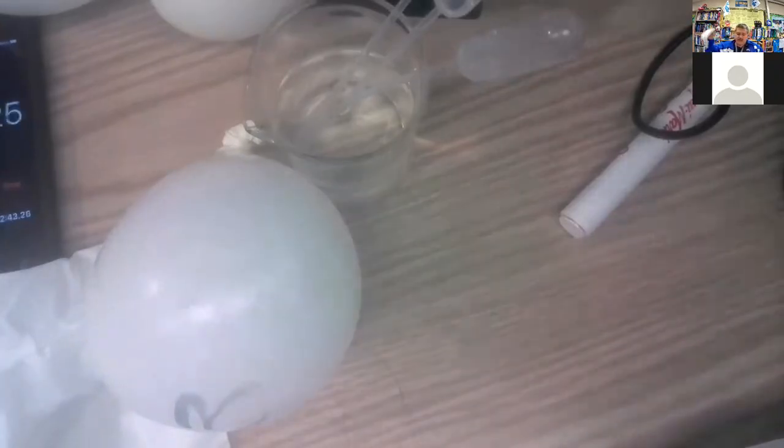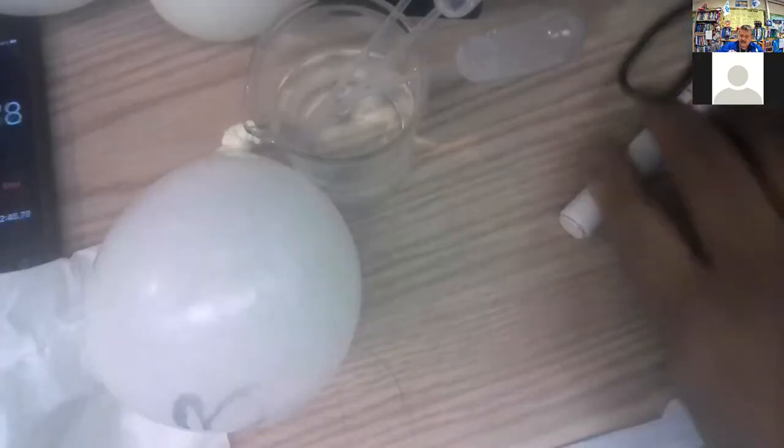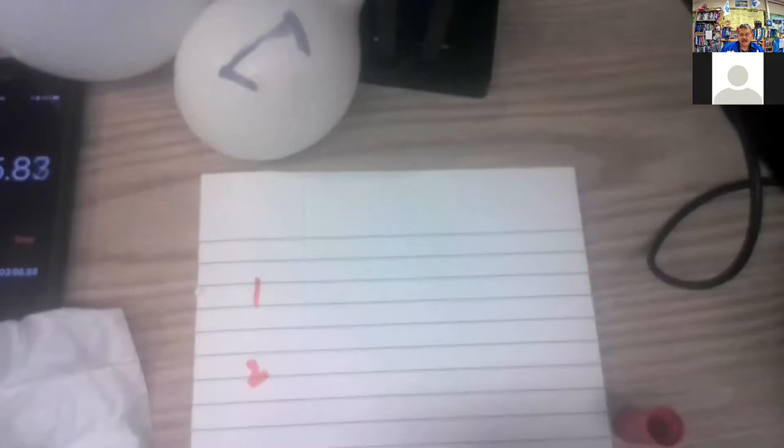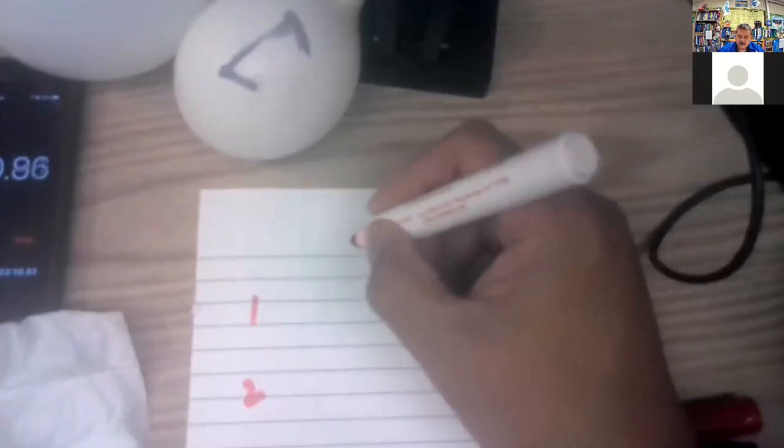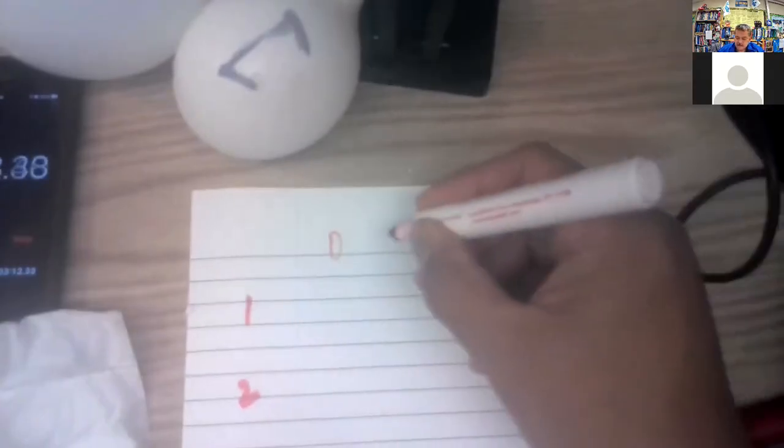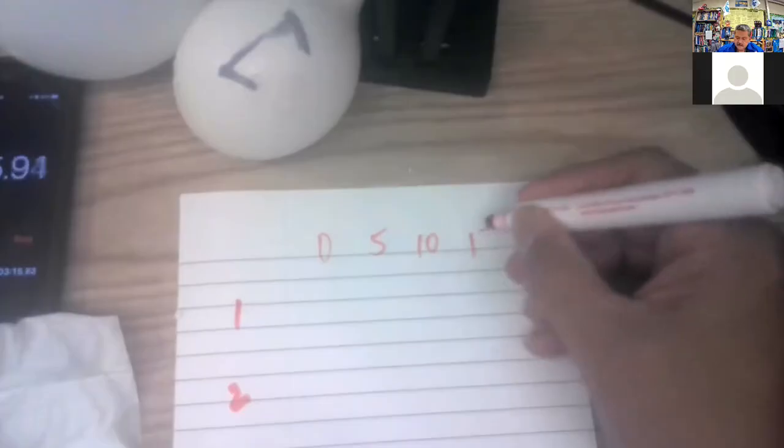In the meantime, we can set up a table. Let's go ahead and do that. As you know, we have 3 different balloons. So 1, 2, 3. We don't need the water anymore. Times in minutes, we have 0, 5, 10, 15, and 20.